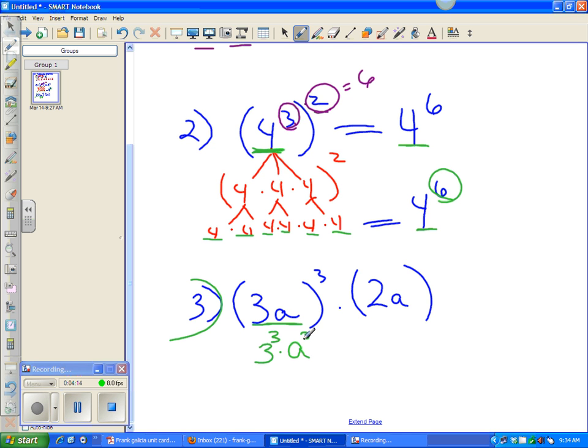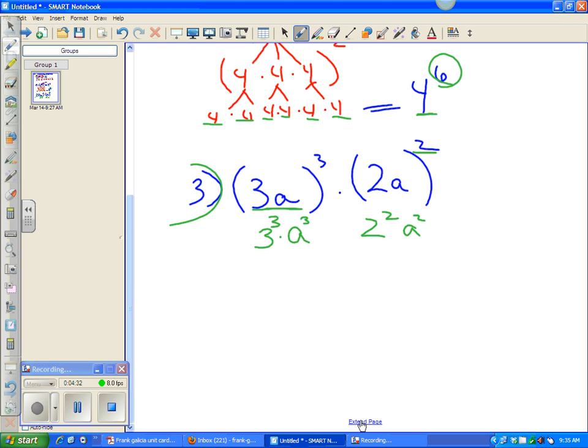And on this one over here, the 2 becomes 2 raised to the 2nd power and a raised to the 2nd power. What that does is now I have all these numbers, and these are all multiplied by each other. I've broken this down so it's easier to see, remember.